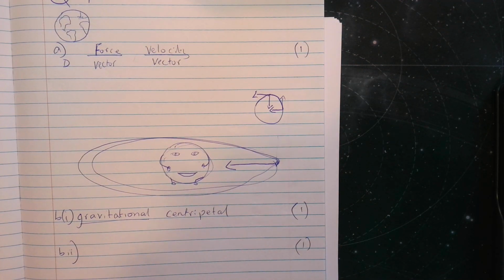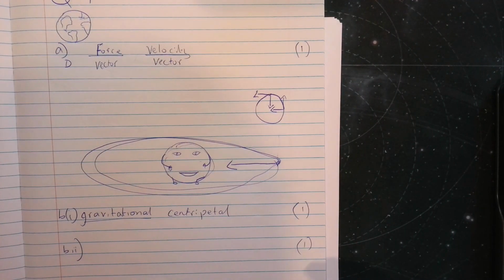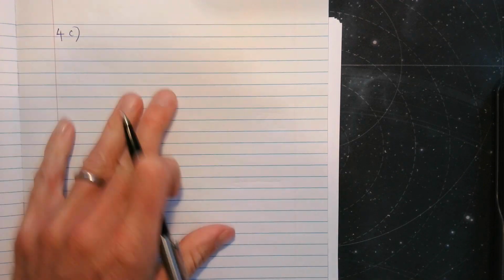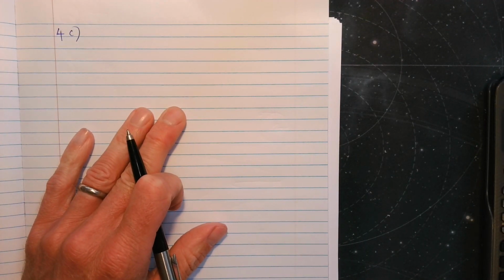Okay, let's flip over to the next page. And we've got some stuff about astronomy. So our satellites are used to gather data about the universe.